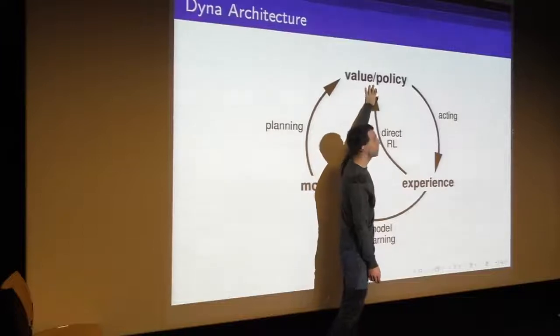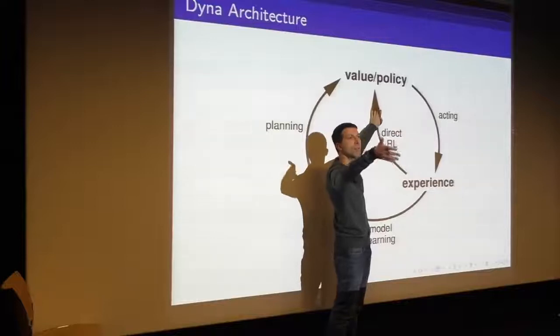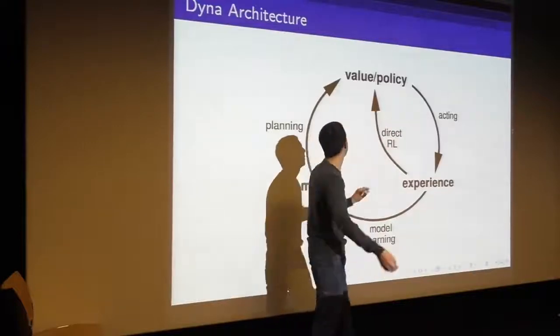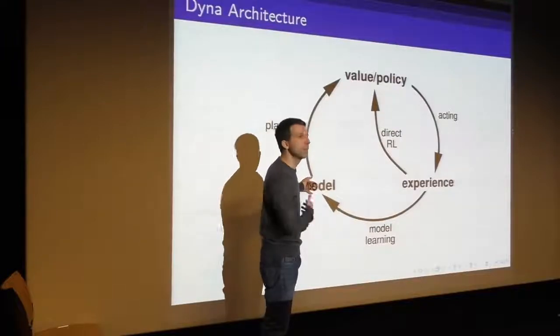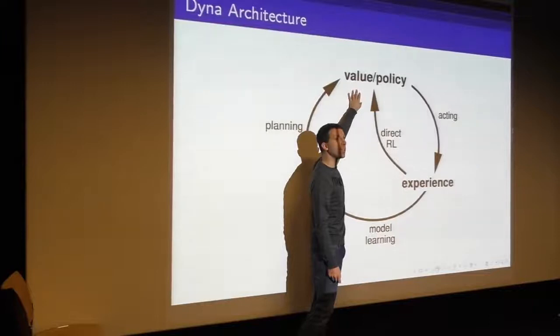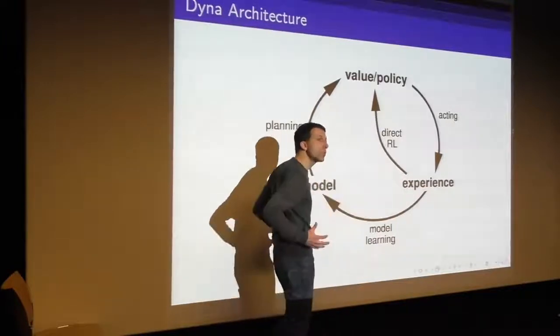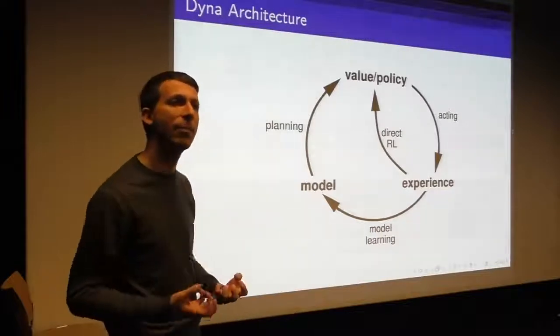So we learn the value function or policy in two ways. From real experience, just like our usual TD learning or Monte Carlo learning from earlier lectures, and also by sampling from our model, running imagined trajectories, and learning the value function or policy from those imagined trajectories. We've got those two sources of experience coming together. Let's exploit them both. Let's get the most out of this by using both of them.